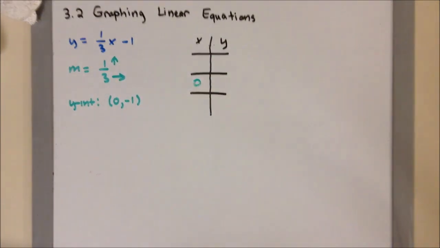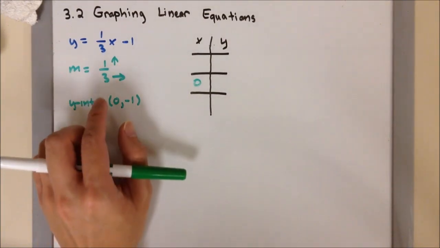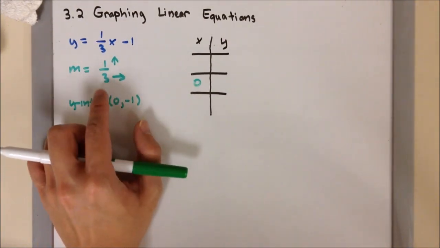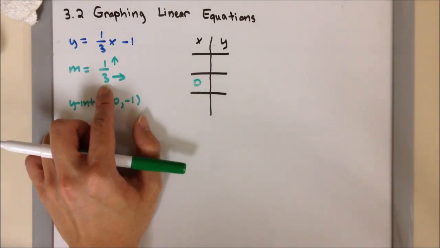Now, since our slope has a fraction, you're going to mainly look closely at your denominator. So you're going to look for values that are divisible by 3. So let's try to find numbers that can be divisible by 3.